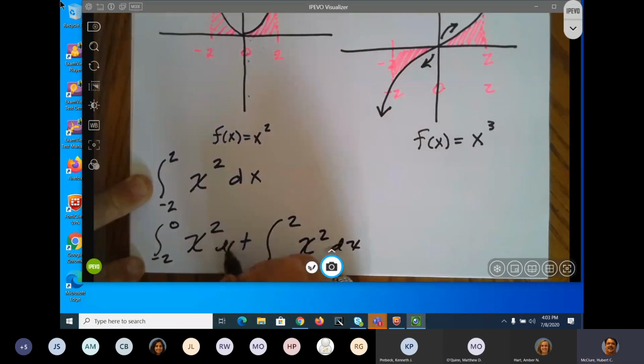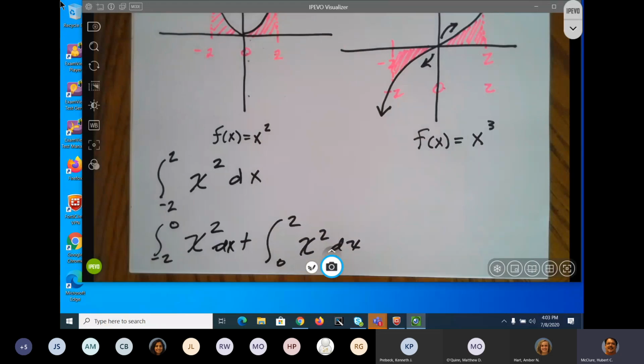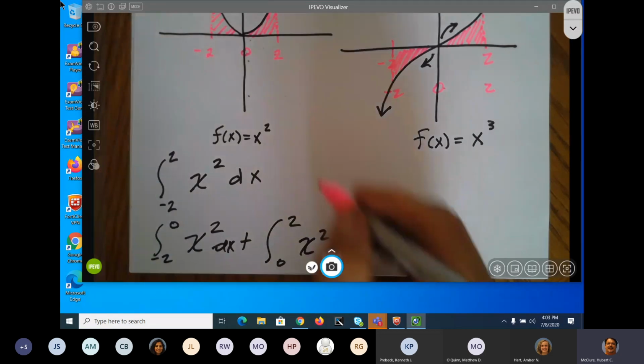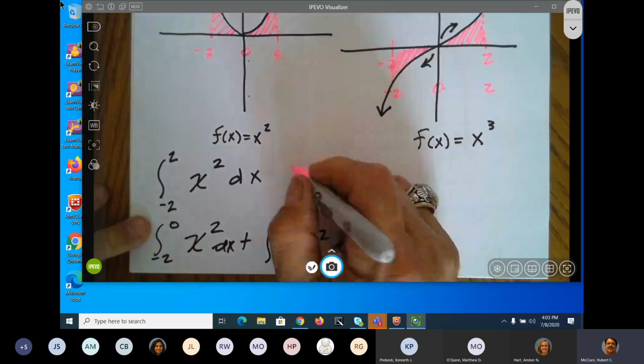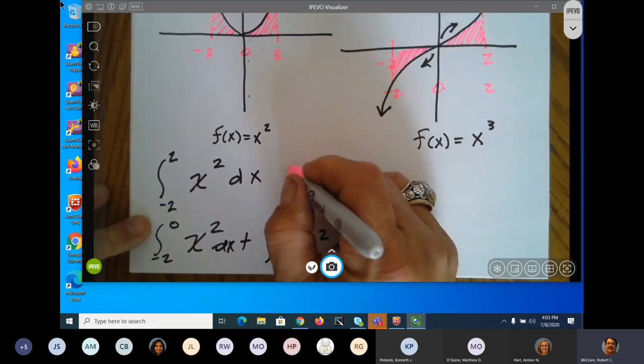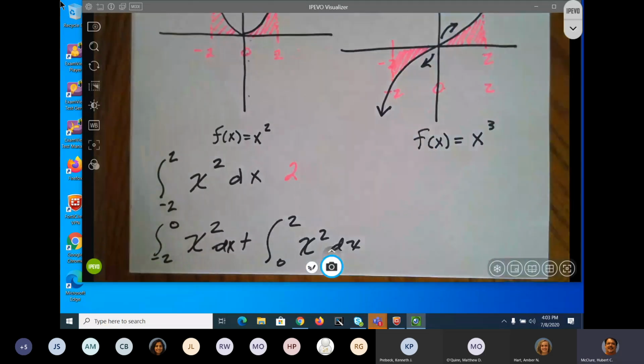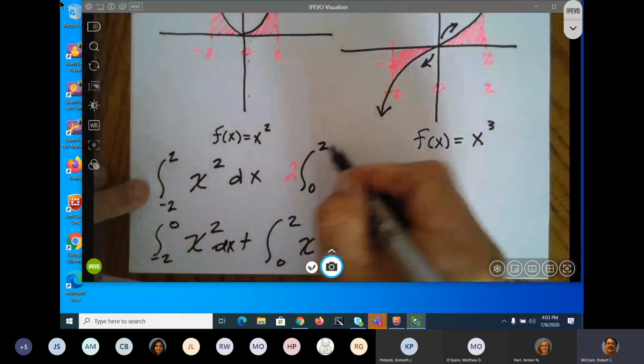Or you could do it like this, and that's what they're trying to show you in 5.2 and 5.3. They're going around the world trying to show you. Or 2 times the antiderivative from 0 to 2 of x squared dx.